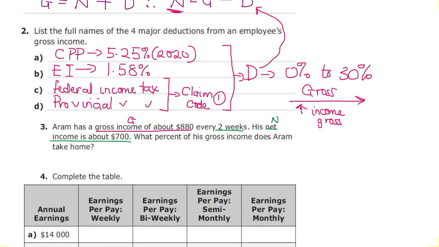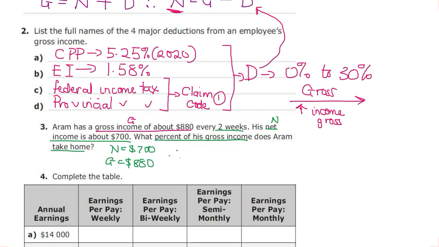In here you're asked to find the percent of the gross income that is actually taken home. So it means you're finding how much of that gross income, in terms of percentage, is the net income. So we know that N, the net income, is equal to $700, and the gross income is around $880.